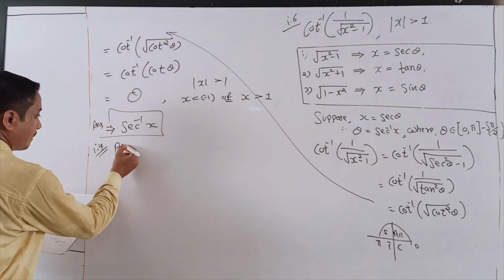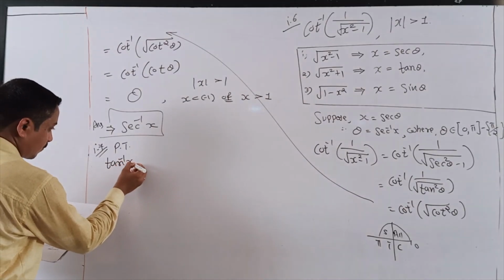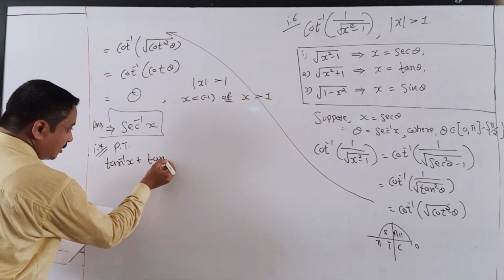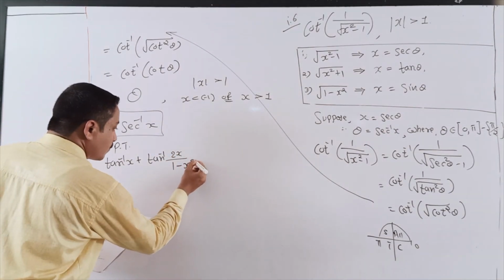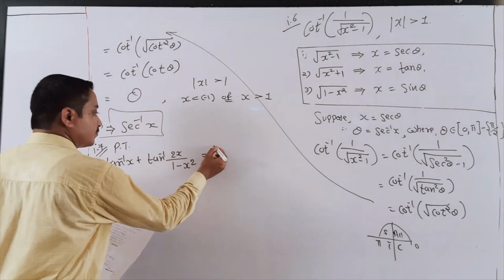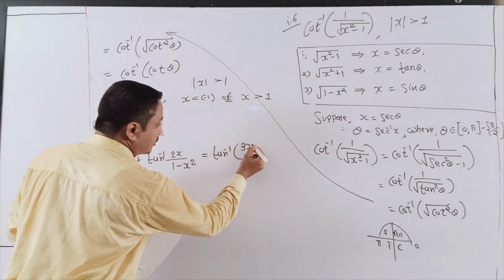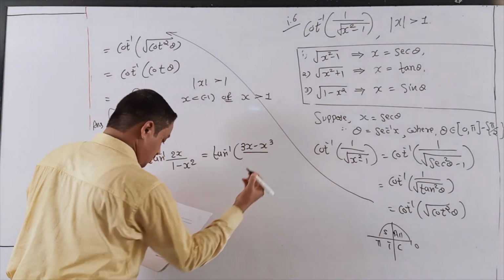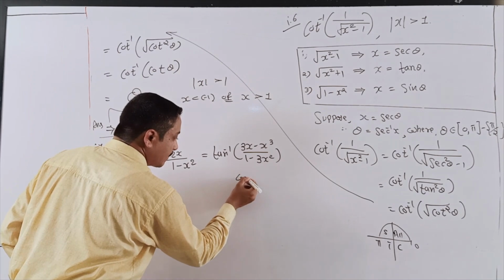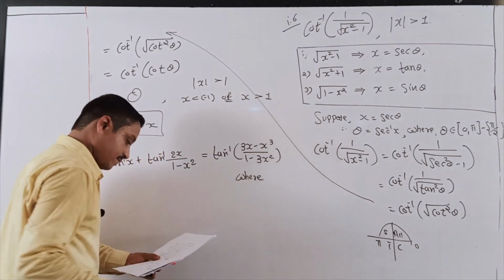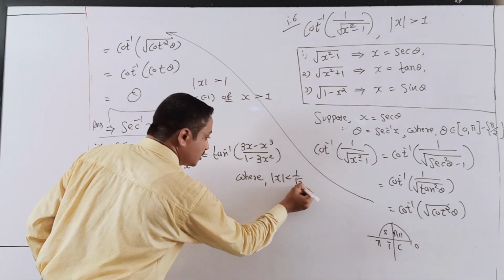Prove that tan inverse x plus tan inverse 2x by 1 minus x square is equal to tan inverse 3x minus x cube by 1 minus 3x square, where the condition is modulus x less than 1 by root 3.